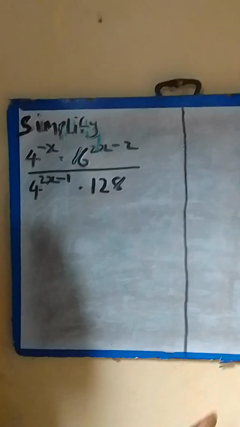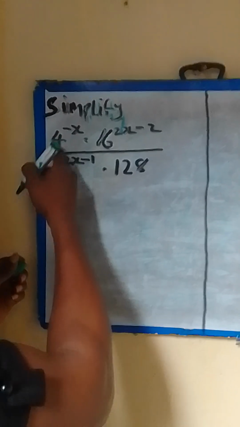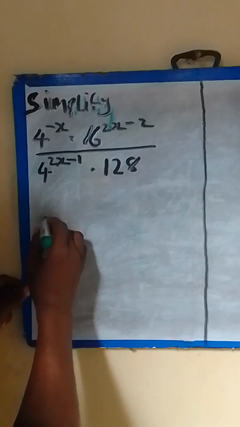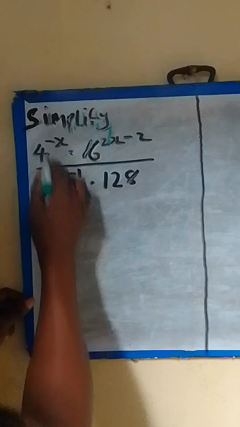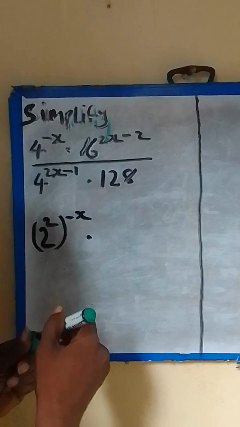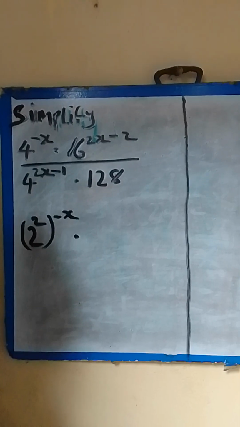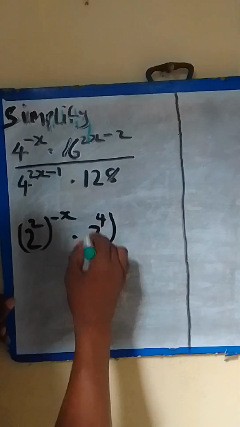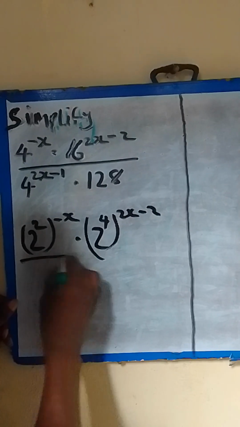Now, we'll try with 2. 2 multiplied by itself how many times will give us 4? Yes, 2. 2 multiplied by itself 2 times will give us 4, raised to the power minus x. How many times will you multiply 2 to give us 16? You see that 2 can multiply itself 4 times to give us 16, raised to 2x minus 2, all over.